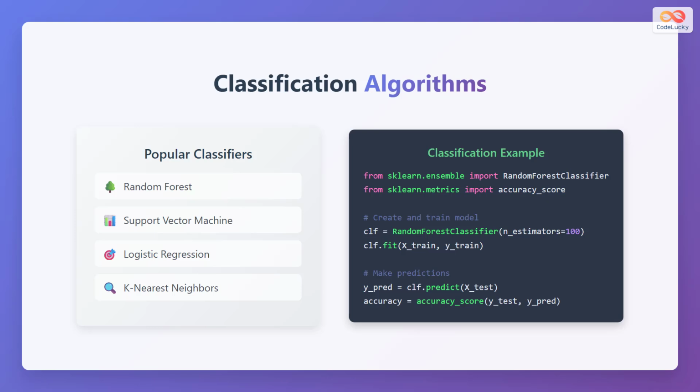K-nearest neighbors classifies data points based on the majority class of their nearest neighbors. The example code shows how to create a random forest classifier with 100 estimators, train it on training data, make predictions on test data, and evaluate accuracy using the accuracy score metric.